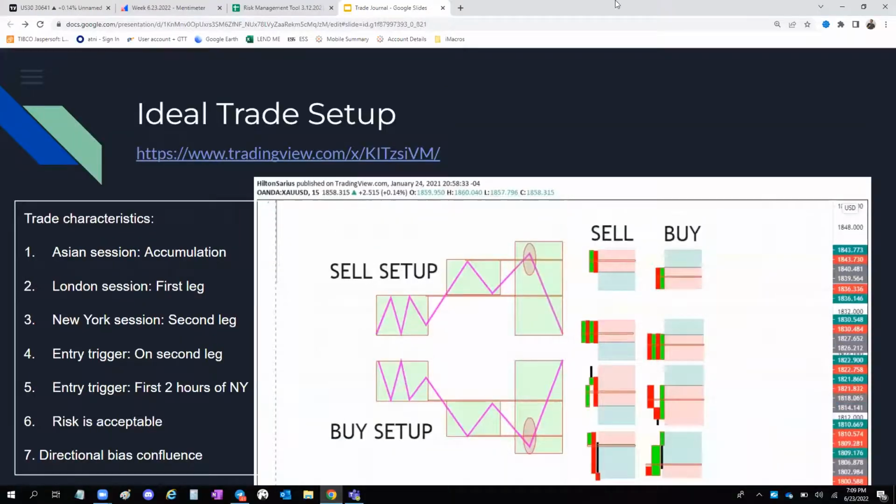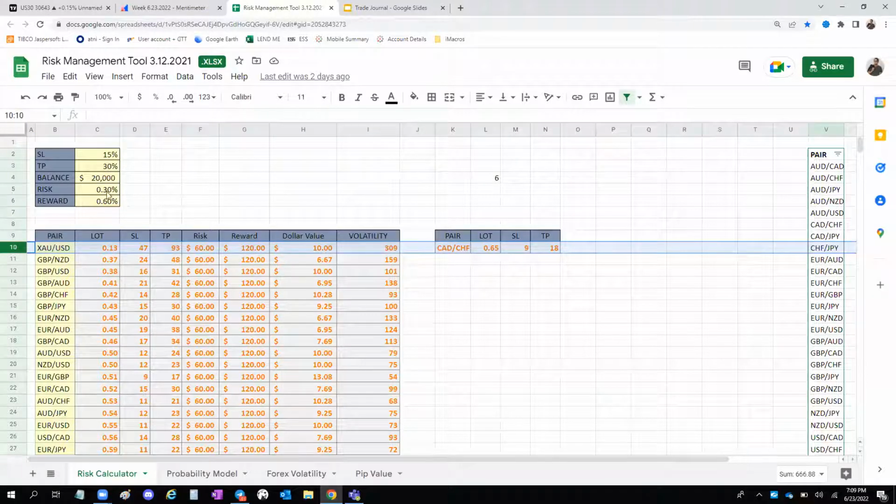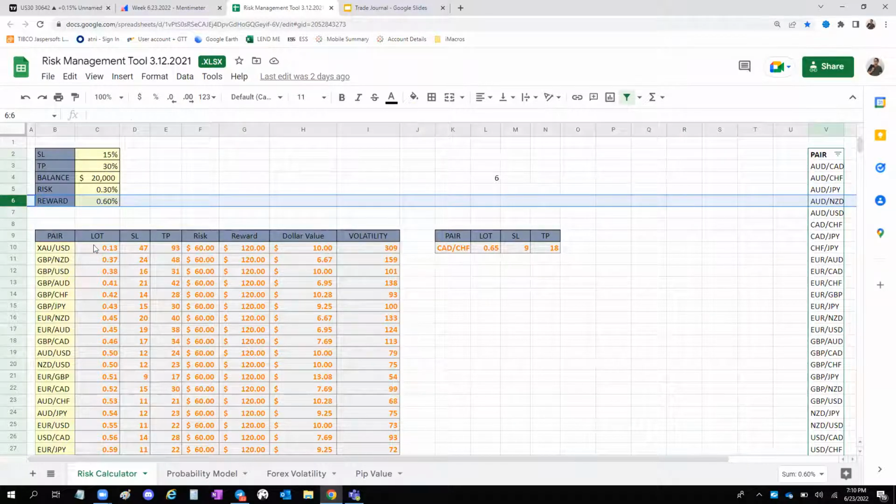Next thing you should have in place is a system that helps you to enter the market without having to do a lot of calculations. All right, so you would recall that my risk to reward is 0.3 per position and 0.6 is the reward per position.